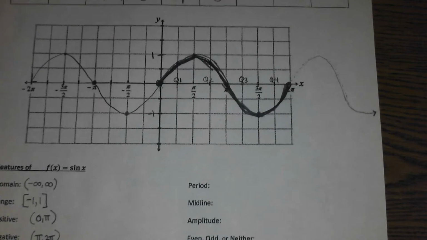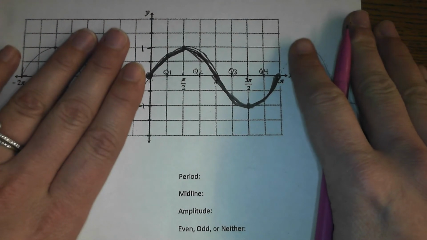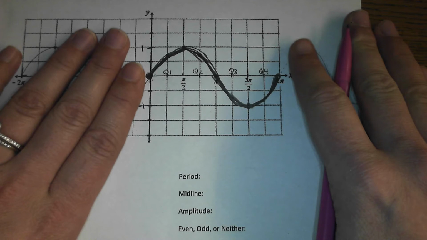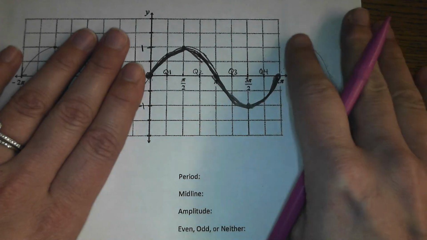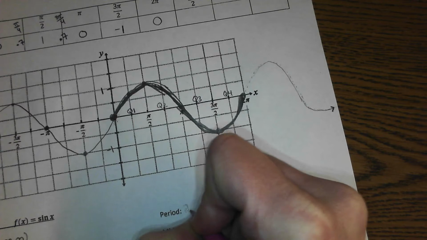Okay, the period. There's your one main cycle. How long is that? This is extremely important. How long is that? Starts at 0, ends at 2 pi. How long? 2 pi. The period is 2 pi.